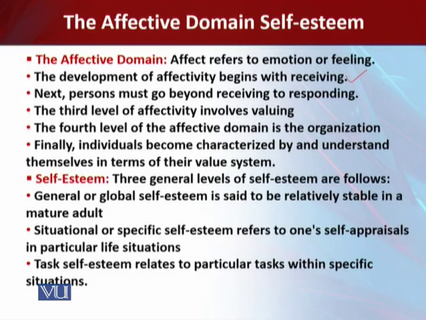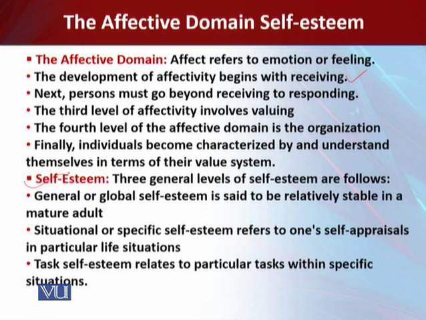The fourth level of the affective domain is the organization of values in a system of belief, determining interrelationships among them, and establishing a hierarchy of values within the value system. And then finally, individuals become characterized by and understand themselves in terms of their value systems.